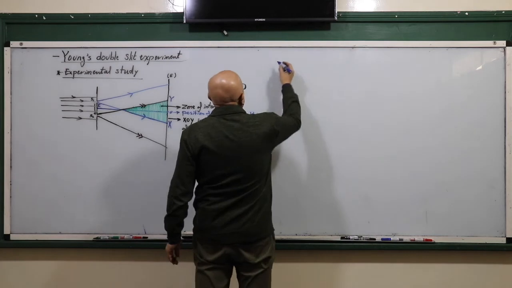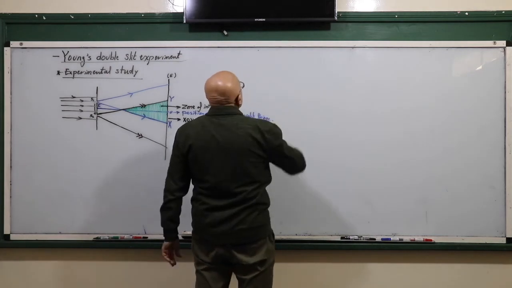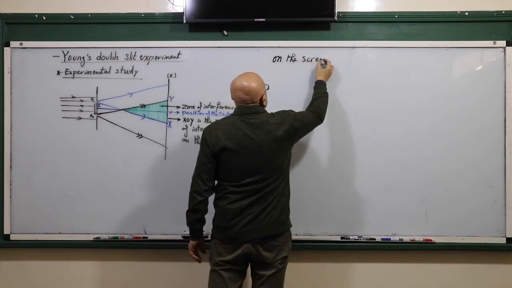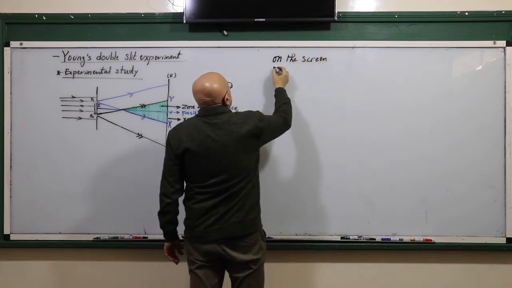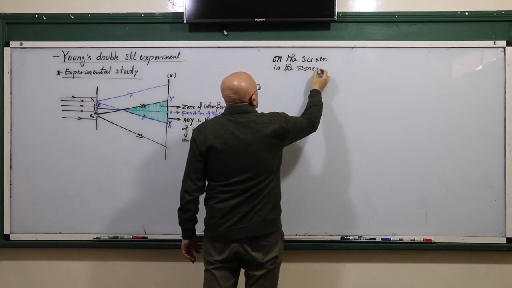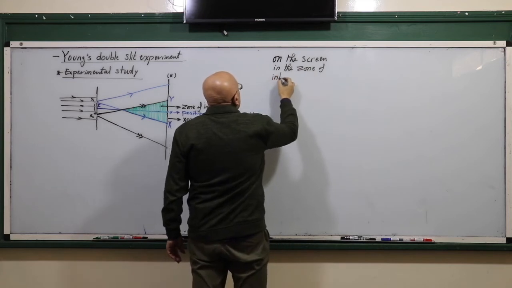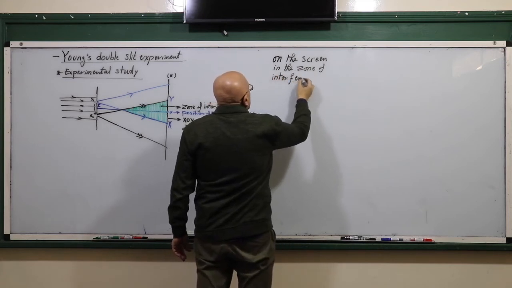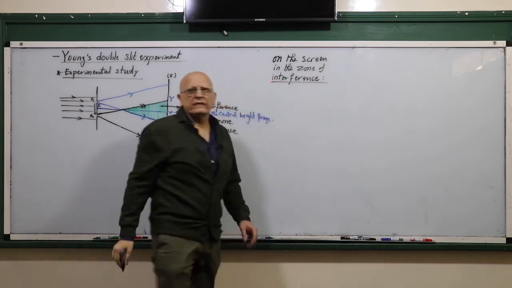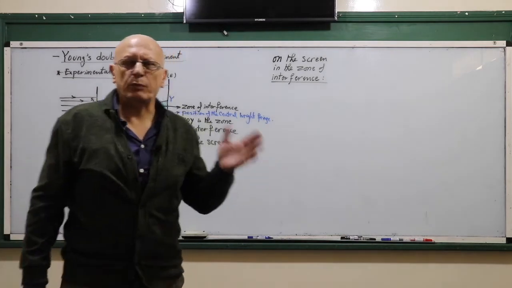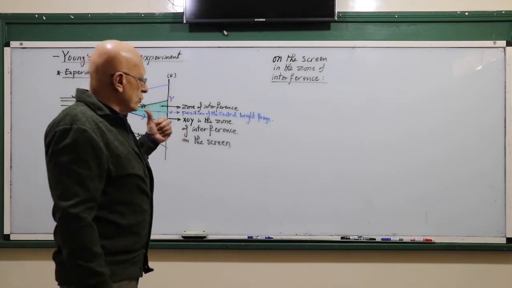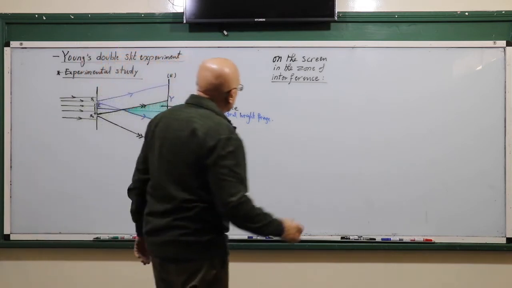So, on the screen, in the zone of interference, we observe bright and dark spots that are called the fringes, and as you see, they have the following shape.